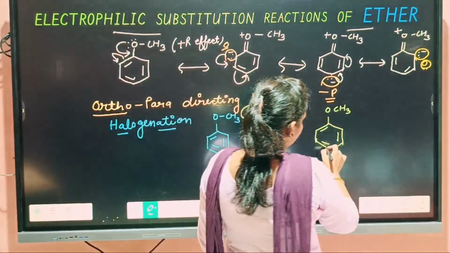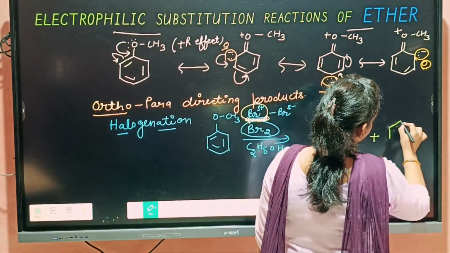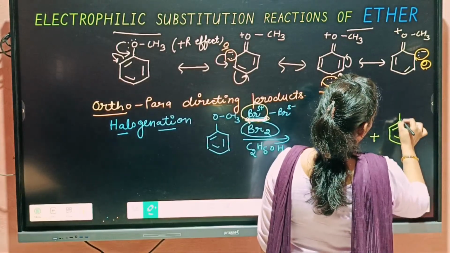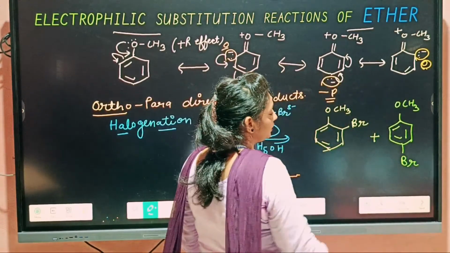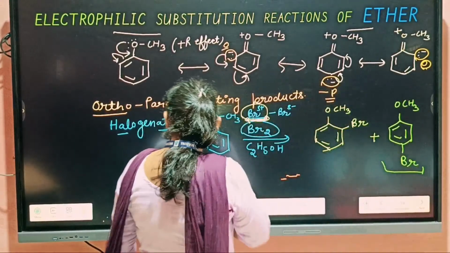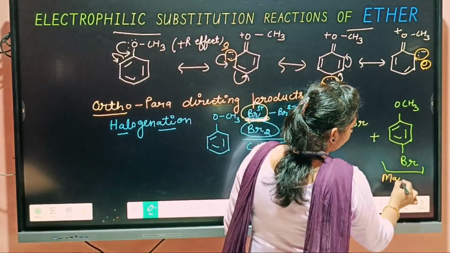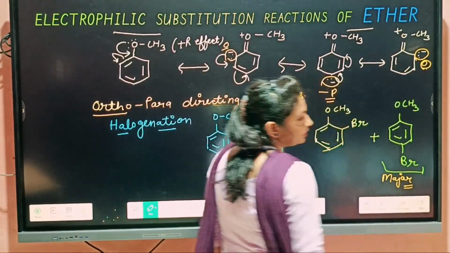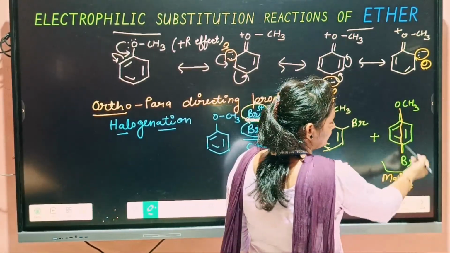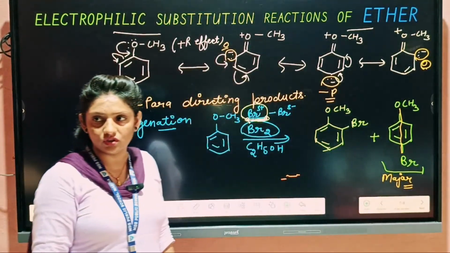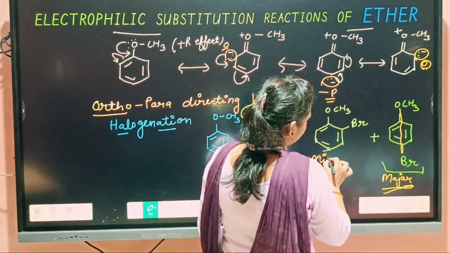So it will be attached either at ortho or at para, and we will get ortho-para directing products. But here this will be the major product, due to the symmetry and due to less steric hindrance. Clear to you or not? So here para will be the major product and ortho will be the minor product.